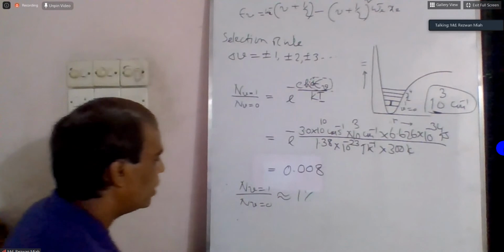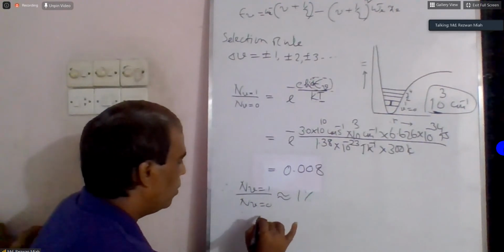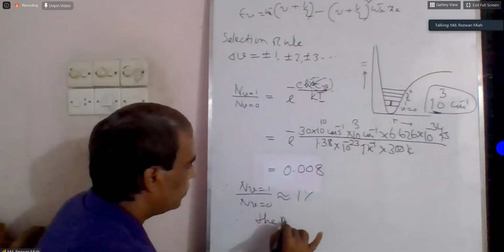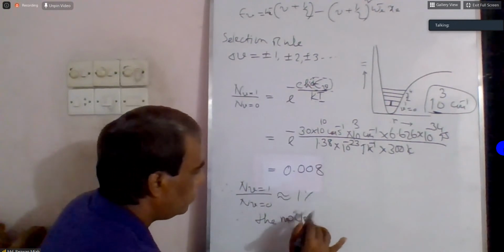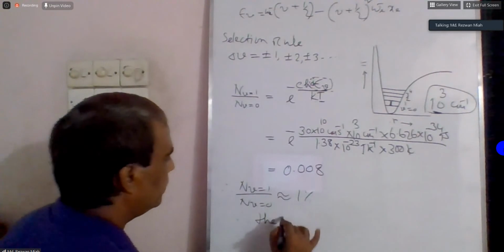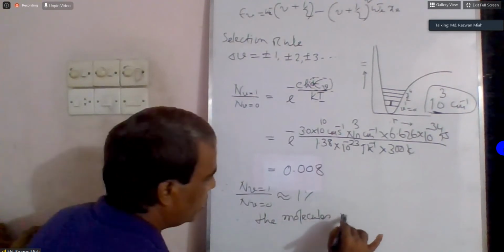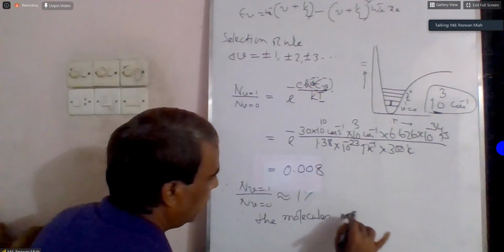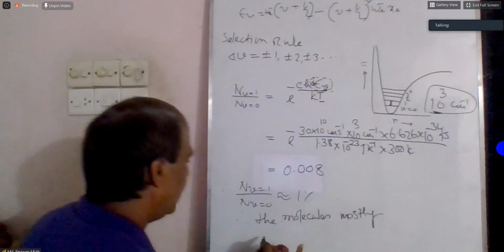So what is the conclusion? The molecules mostly occupy the zero level.